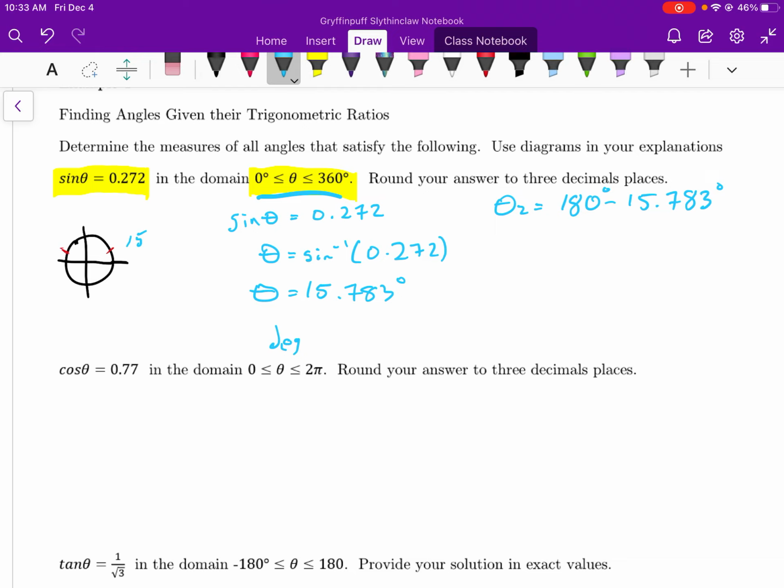And what I see is that this is going to be equal to 164, now I'm going to round it to 3 decimal places, 217 degrees.